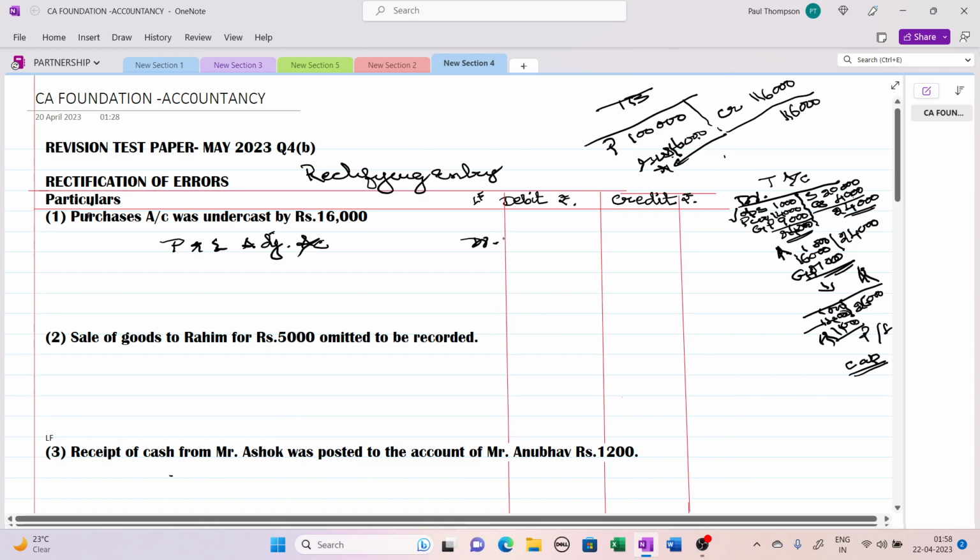The P&L adjustment account is debited with 16,000 instead of debiting the purchases account, being a nominal account. We can't touch it in the current year. It is a previous year mistake. So to suspense account, because I would have debited the suspense account.